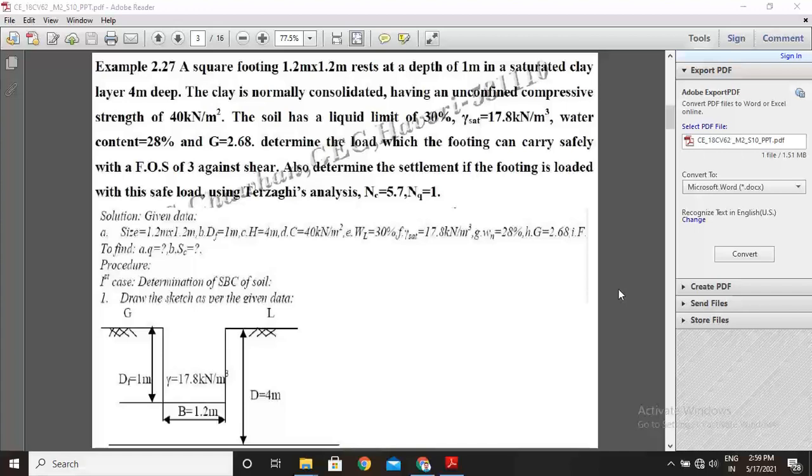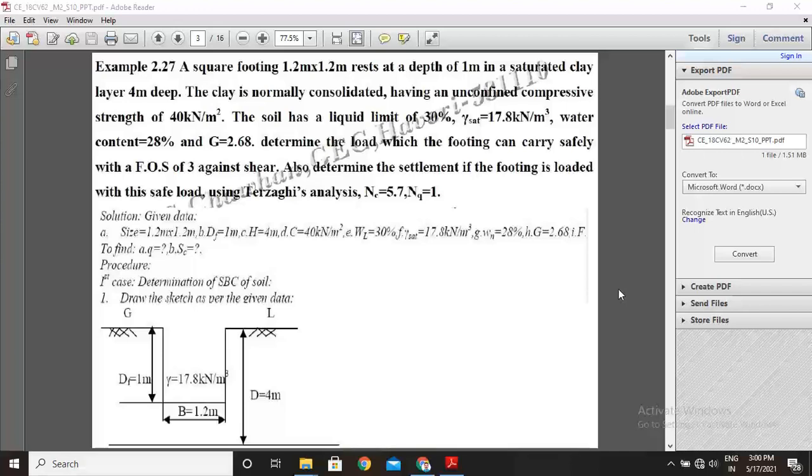Given data, size of the footing is 1.2 meter into 1.2 meter, depth of the footing is 1 meter, h is given 4 meter, c is given 40 kilonewton per meter square, liquid limit is given 30%, saturated unit weight gamma saturated 17.8 kilonewton per meter cube, natural water content 28%, G is given 2.68, factor of safety is given, that is 3.